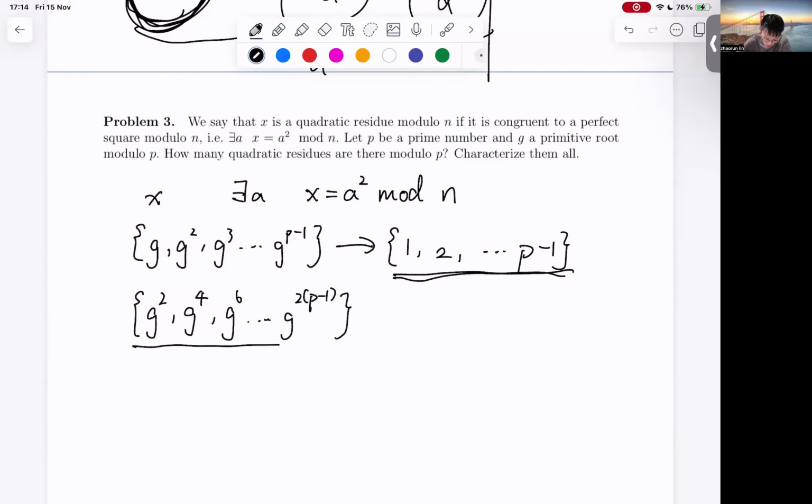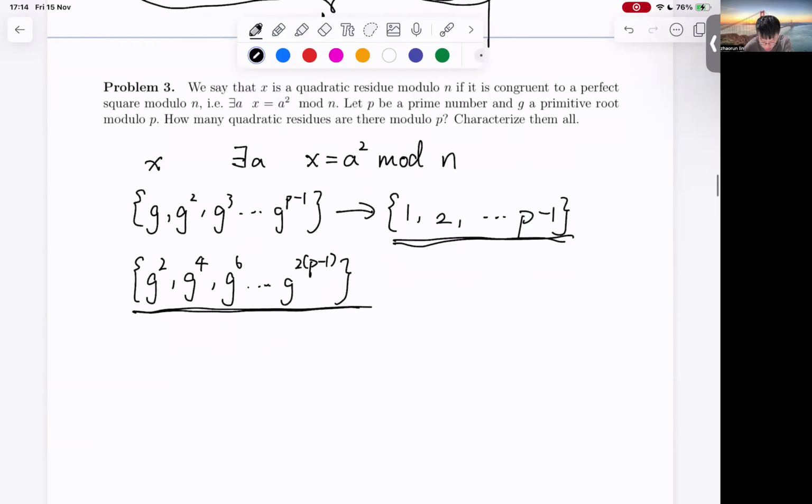So you see that all of these are quadratic residues, because x is equal to g to the power of i squared, since we square every element from above to this. So every element in this set is a quadratic residue.